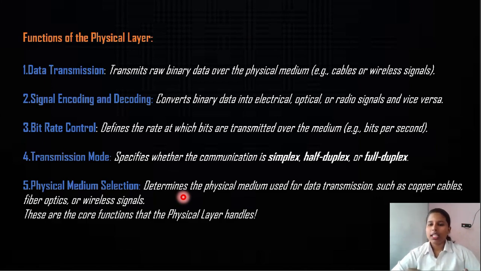The recipient opens Gmail, reads the email, and it is displayed in a human-readable form. It's like writing a letter, formatting it, ensuring it is correctly addressed, delivering it through the postal system, and finally the receiver opening and reading it. So this is how data flows through all the OSI layers when sending an email.